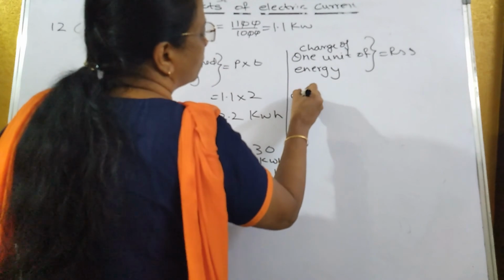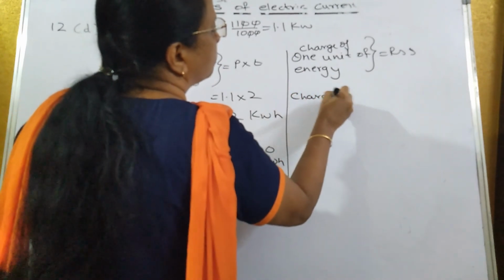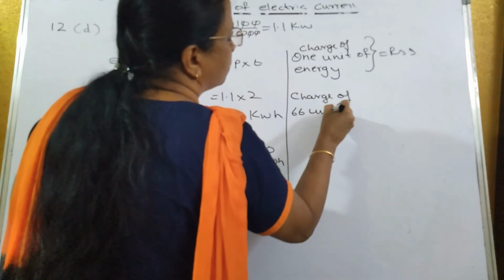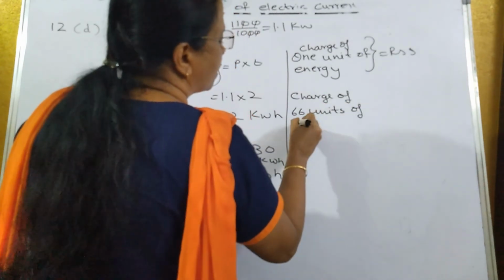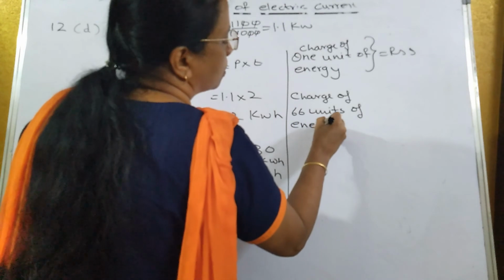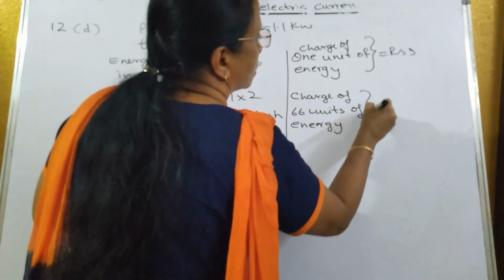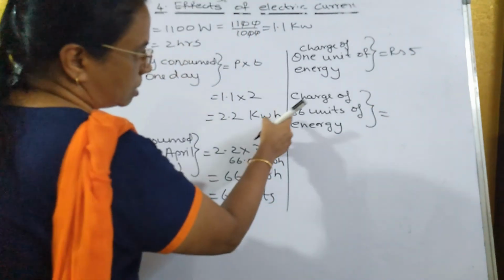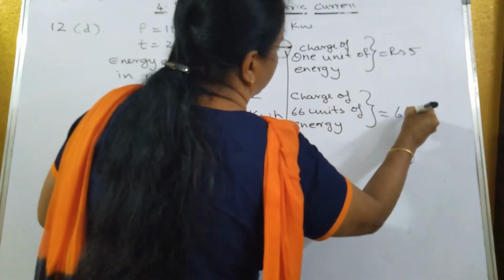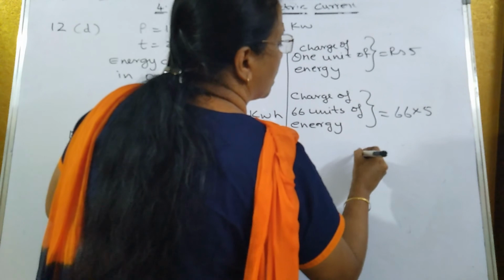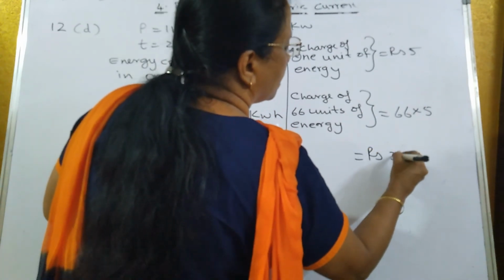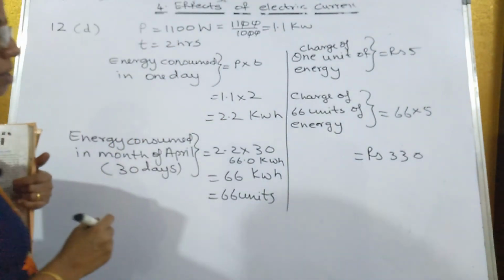So charge of 66 units of energy is equal to 66 into 5. So that is equal to 330 rupees.